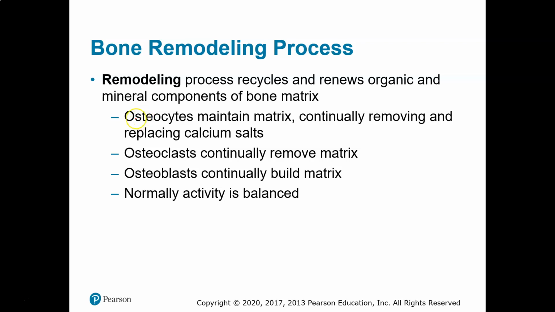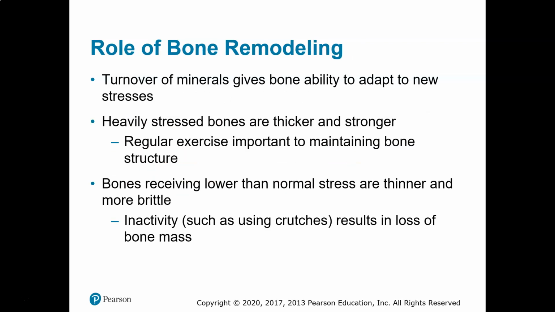What happens in remodeling is that the osteocytes maintain the bone matrix, the osteoclasts remove matrix, and the osteoblasts build matrix. Normally the activity of the osteoclasts and osteoblasts is balanced in a full-grown adult. One reason for bone remodeling is that turnover of minerals gives bone the ability to adapt to new stresses.